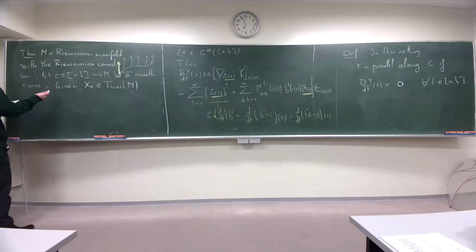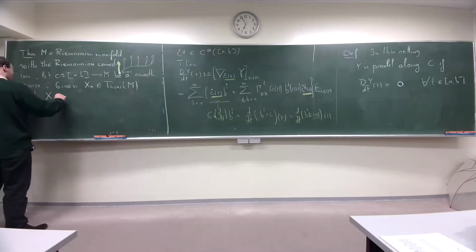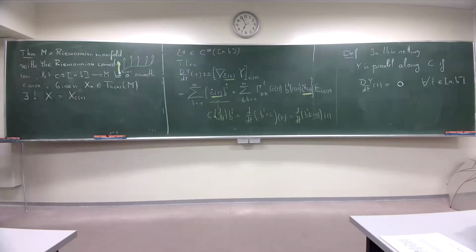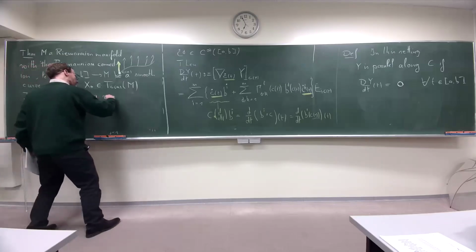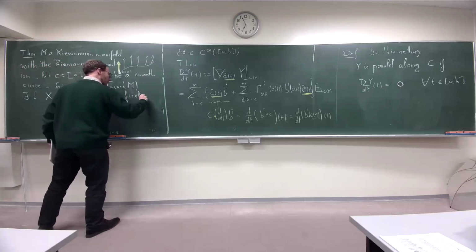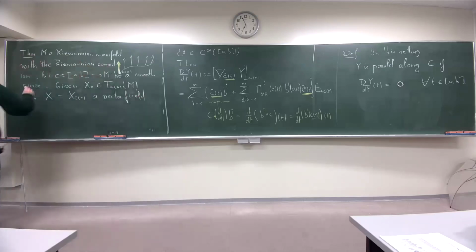The theorem says there exists a unique vector field which is defined everywhere on the curve. It doesn't need to be defined everywhere on the manifold. It's called a vector field along C, I introduced this last time.